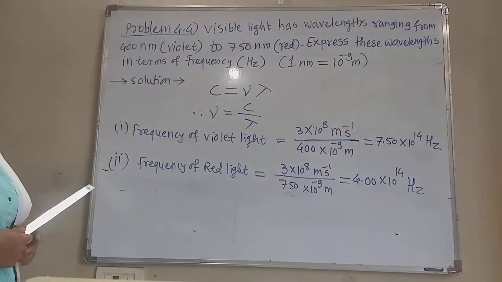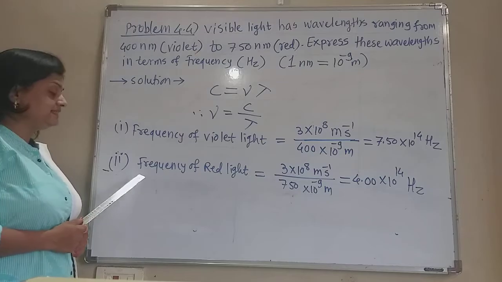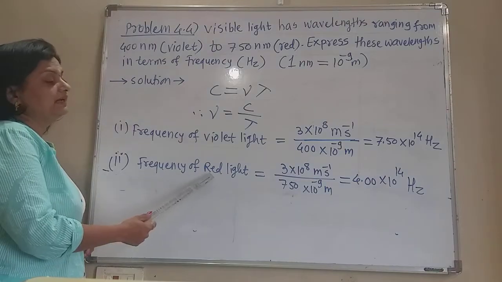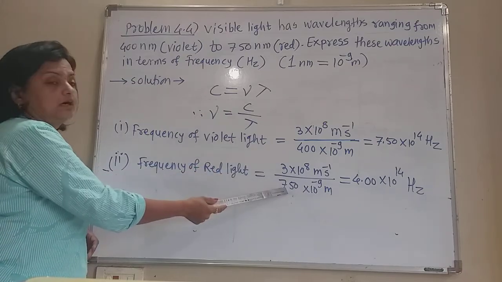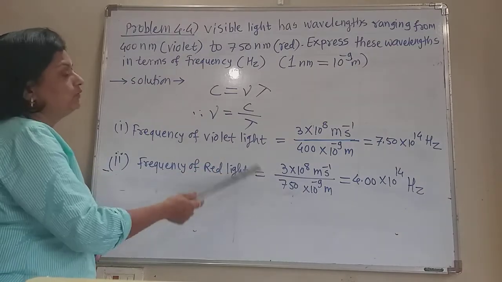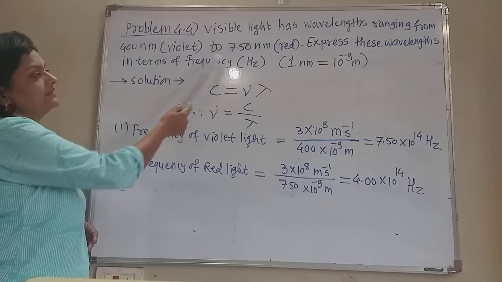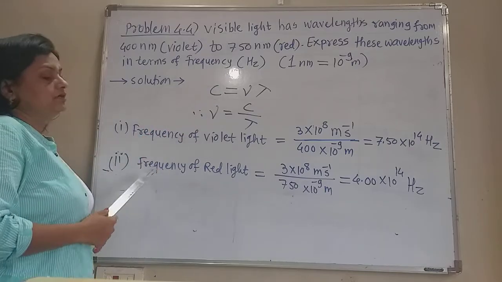Second, the frequency of red light is equal to the velocity of light divided by the wavelength, and the wavelength of the red light is 750 nanometer.